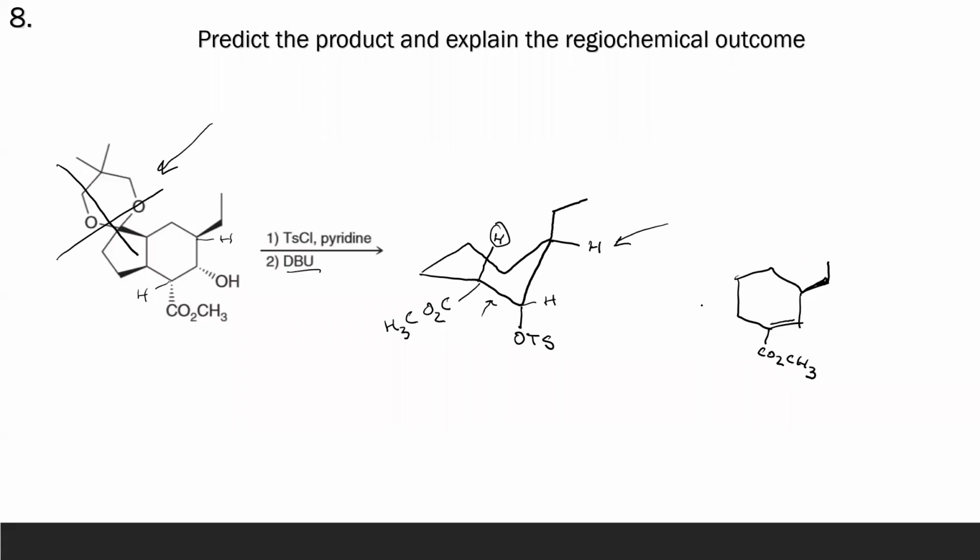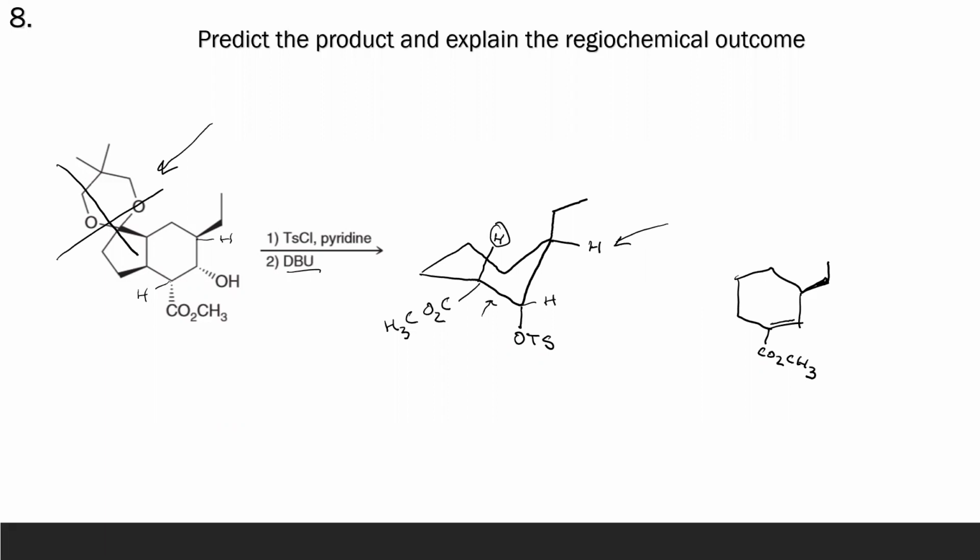Again, ignoring the other part of the molecule. So it's kind of a simple way to go about it, but I'm also going to quickly show you guys how to do this with the molecular modeling kit so that you can practice this at home and really get the concept down.